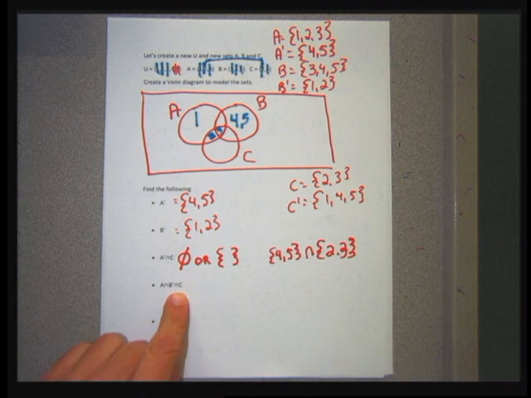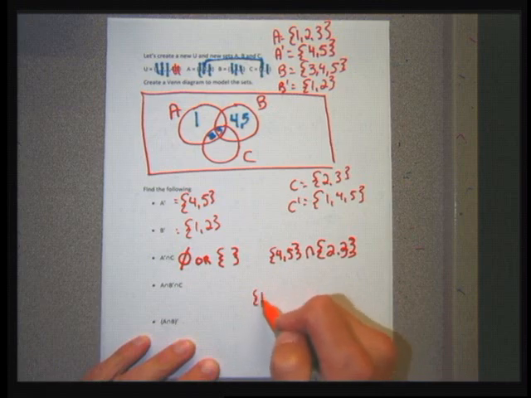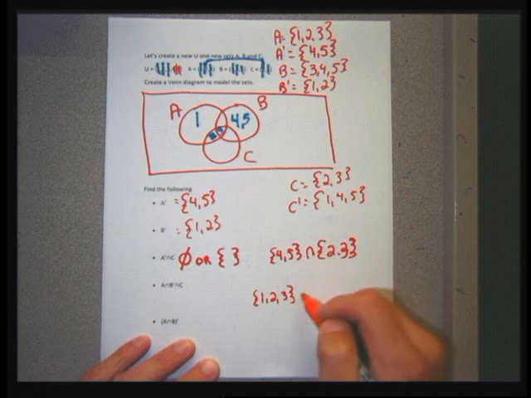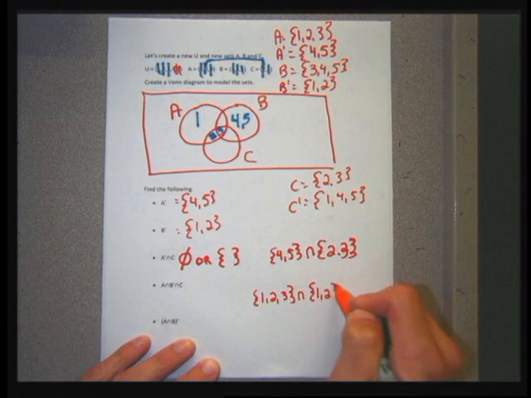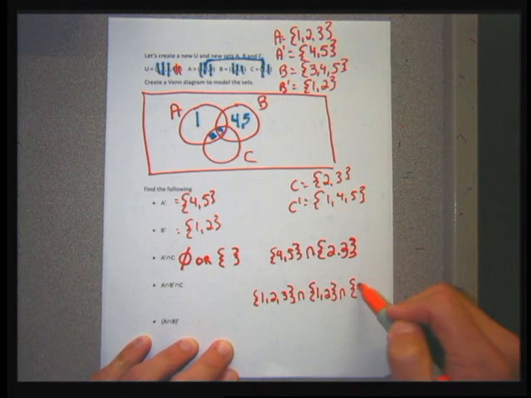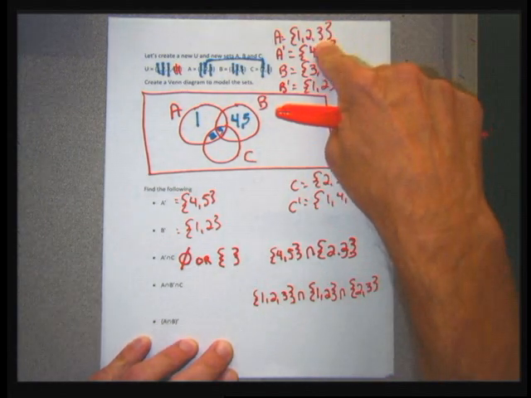The next one is A intersection B prime intersection C. It's what those three sets have in common. A is the set 1, 2, and 3. B prime is the set 1 and 2. And C is the set 2 and 3. So just from my listings, A was 1, 2, and 3.